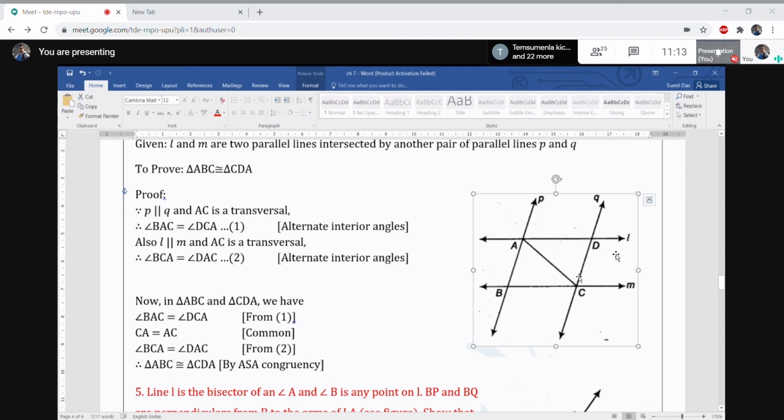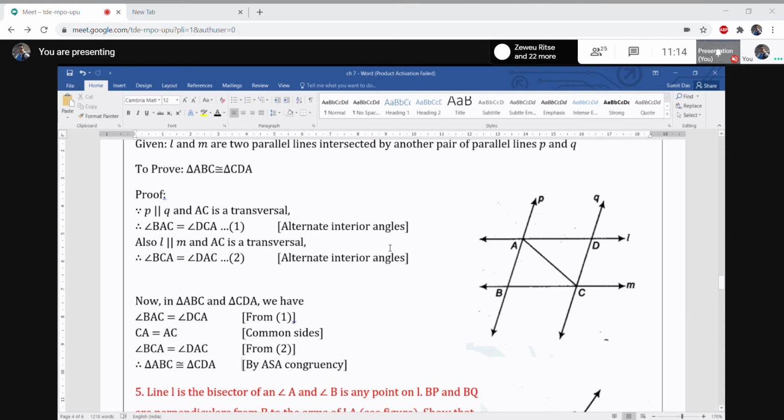Then CA is the common side, and angle BCA equal to DAC, from number 2. So we can say ABC and CDA are congruent by the ASA rule. What is the ASA congruence rule? Angle side angle: two angles and the included side. Look, this angle and this angle and the included side, by ASA congruency rule.